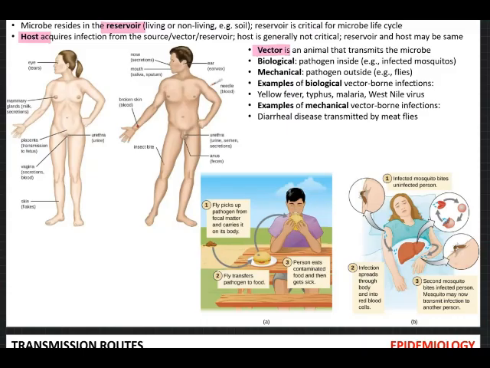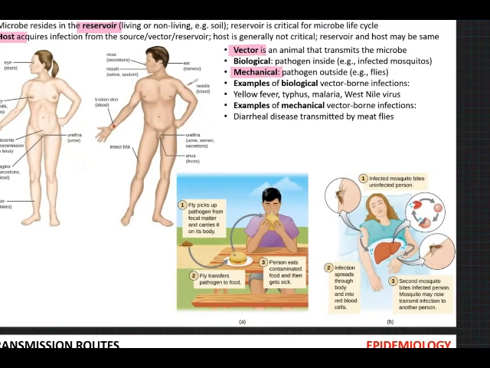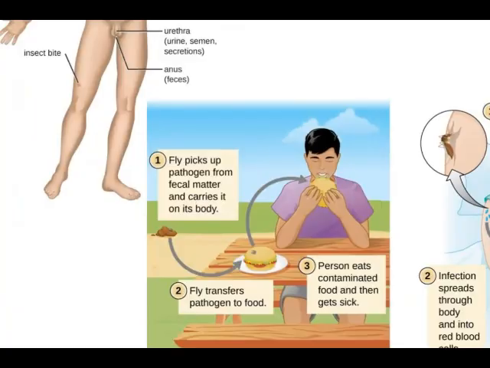So let's go back to vectors. There are two types, biological and mechanical. I'm going to start with mechanical. Here's the fly. The fly that sat on the pile of poop and then sat on the sandwich mechanically transmitted microorganisms from the poop to the sandwich.